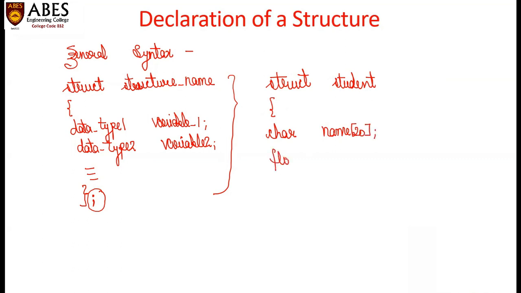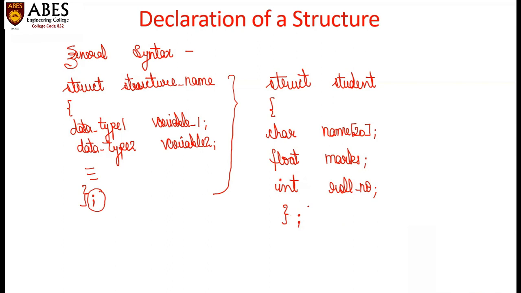Let us say float for storing the marks. There can be more than one data member corresponding to it. Then int roll number, and so on.